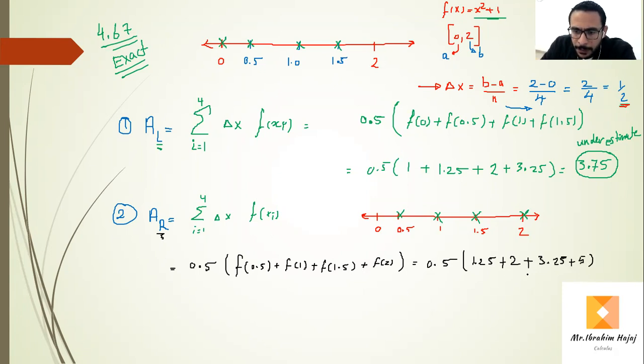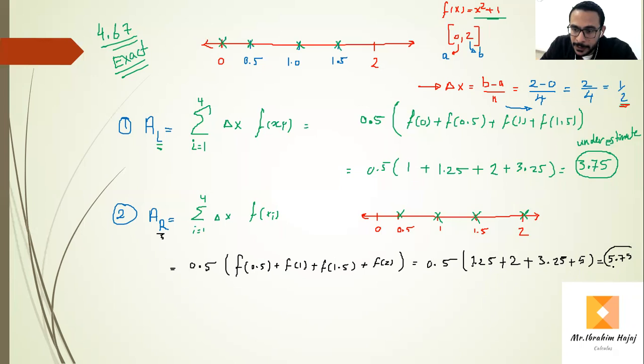Then add up 1.25 plus 2 plus 3.25 plus 5 and multiply your answer by 0.5. What's the answer? Guys, do it. It's 5.75.